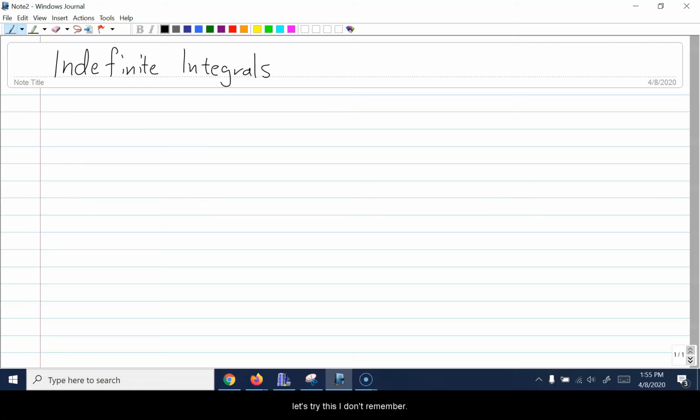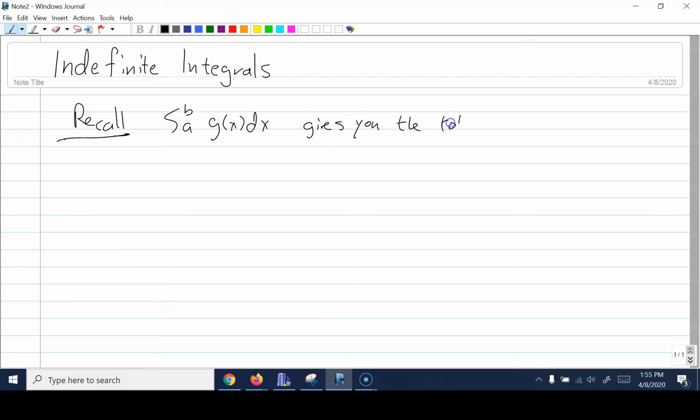Let's try this out. Okay, so remember, we did definite integrals, and the point of these was that the integral from a to b of g of x gives you the total change in a quantity whose rate of change is given by g of x.